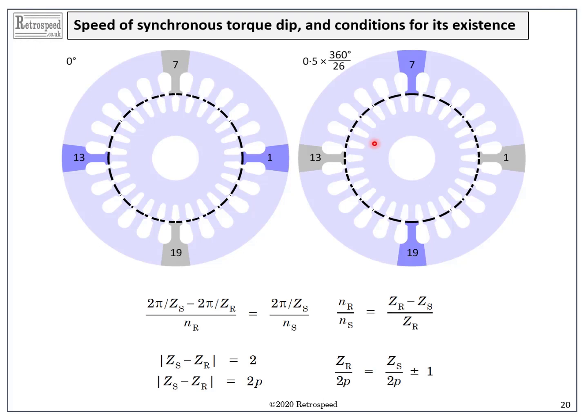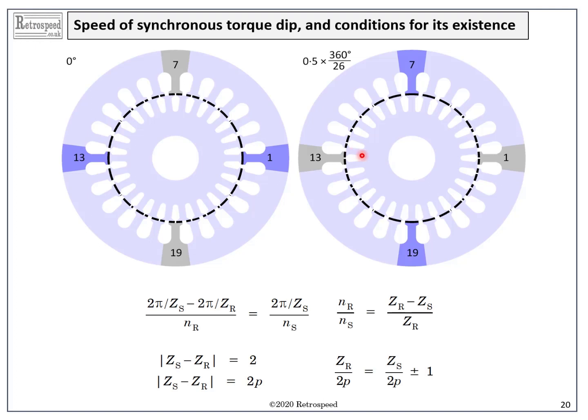In the right-hand diagram, the rotor has rotated forwards by 1/2 a rotor slot pitch, that is 360 divided by 52 or 6.923 degrees. Now the aligned pairs are at plus or minus 90 degrees, while the unaligned pairs are at 0 and 180 degrees.